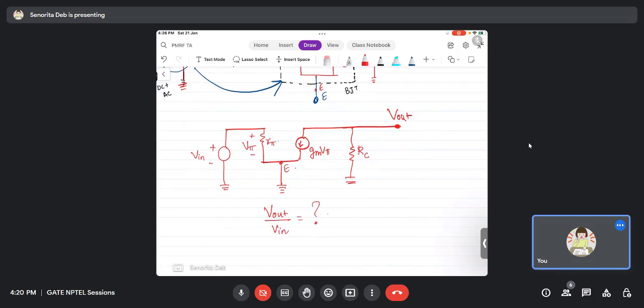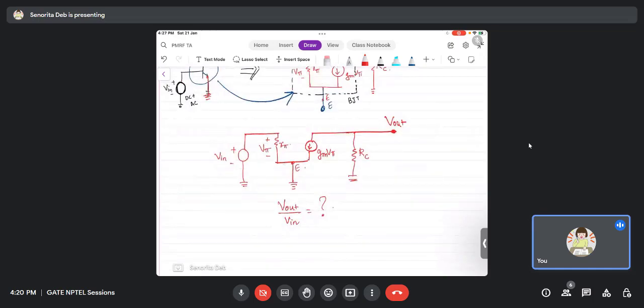Take 2-3 minutes, put KCL equations or KVL equations, whatever you want. Tell me the value of V out by V in.